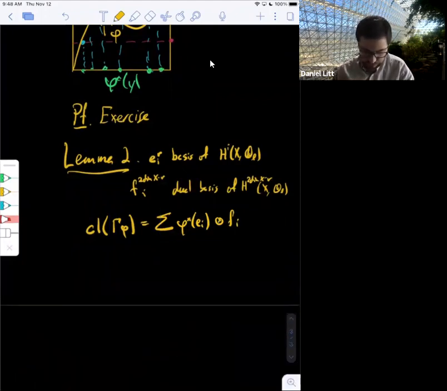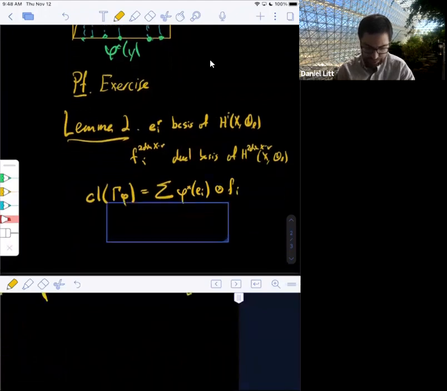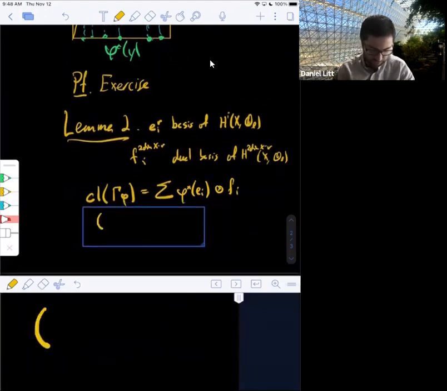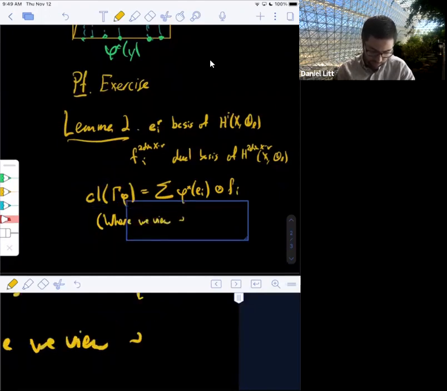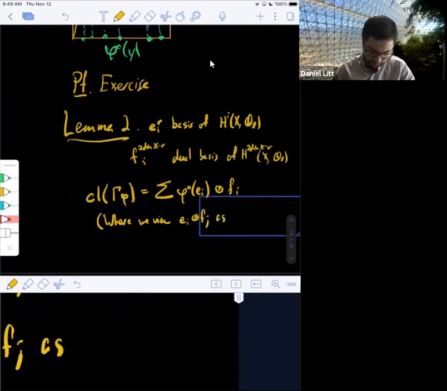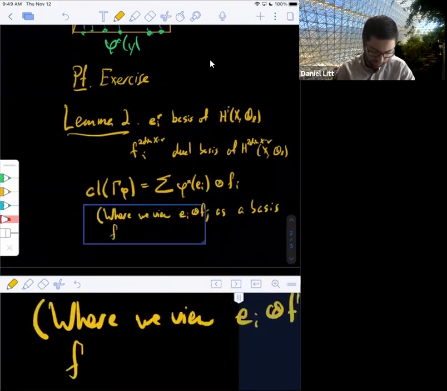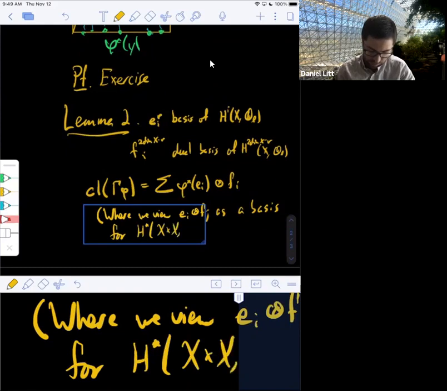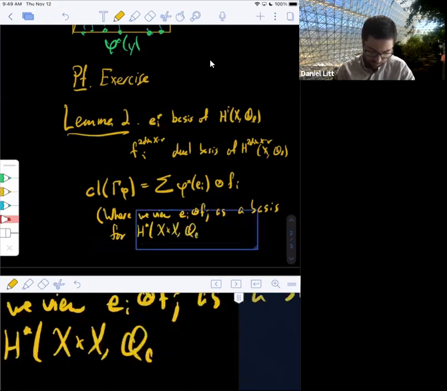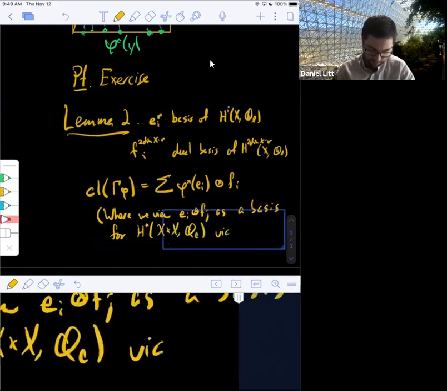So what does this actually mean? This means here where we view e_i tensor f_j as a basis for the cohomology of X cross X with Q_l coefficients via Künneth.